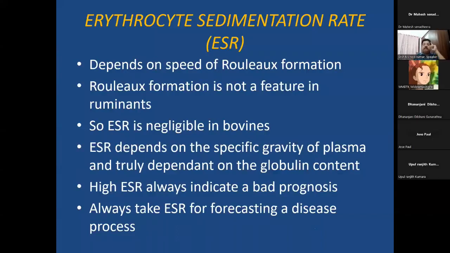But if a dog is showing severe clinical signs like septicemia or toxemia, and the dog is too ill, bedridden, and having ESR of more than 100, don't give a good prognosis to the owner. It always kills the dog. Got it? So high ESR is giving a bad prognosis. So always take ESR for forecasting a disease process.